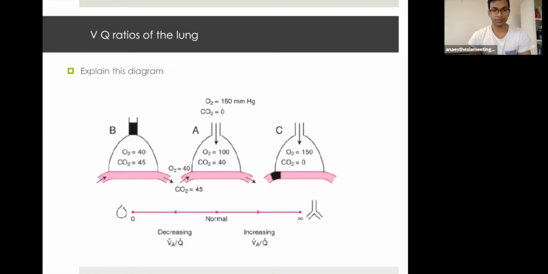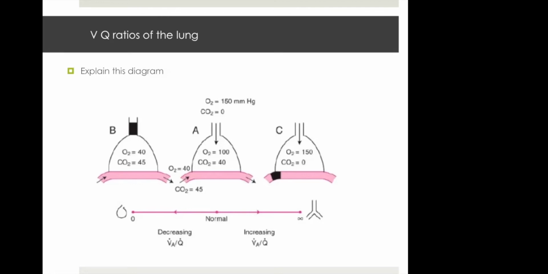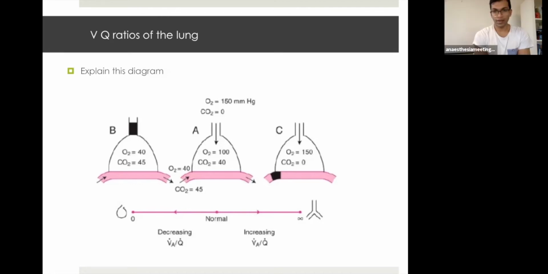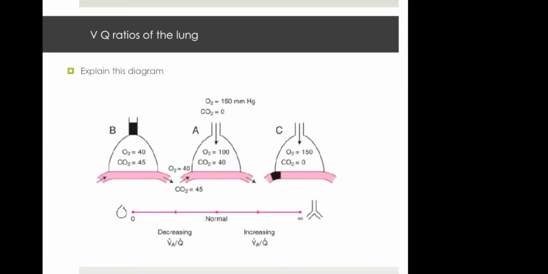An example of dead space would be pulmonary embolism. What does West Zone 1 represent? So West Zone 1 has an increased VQ, so there's increased ventilation and decreased perfusion.